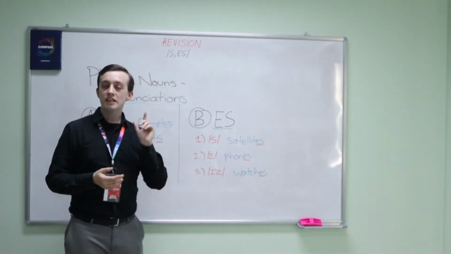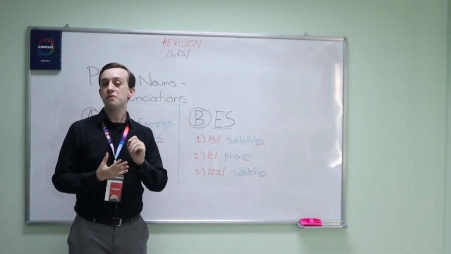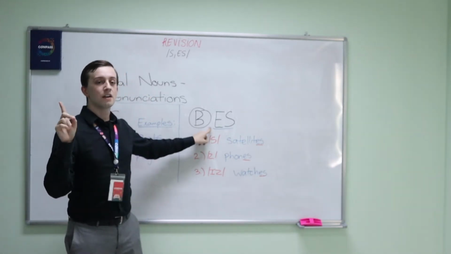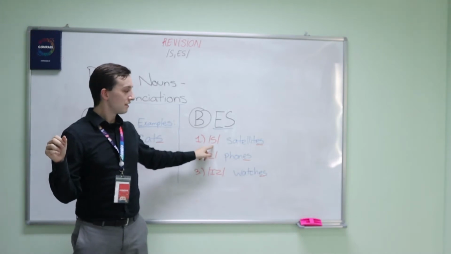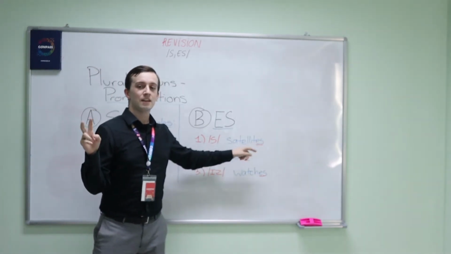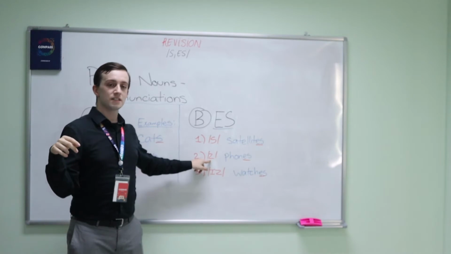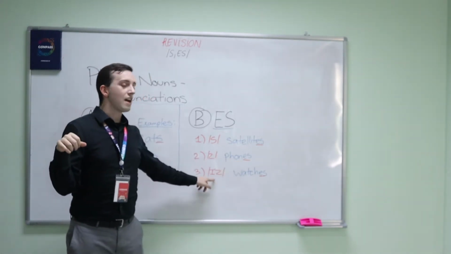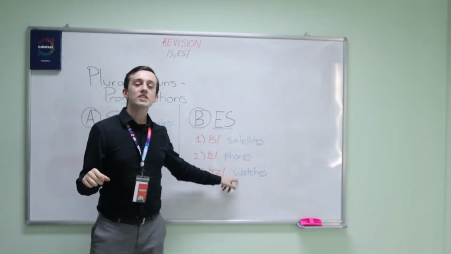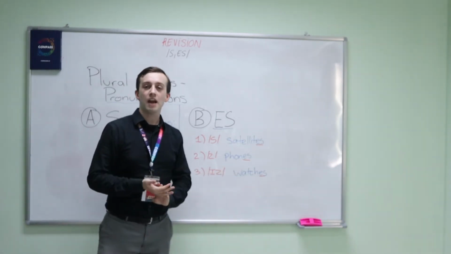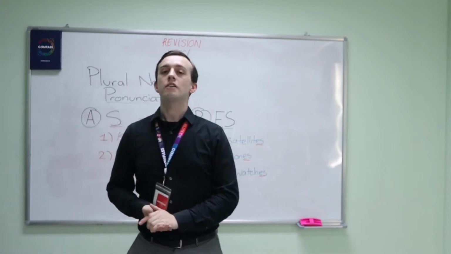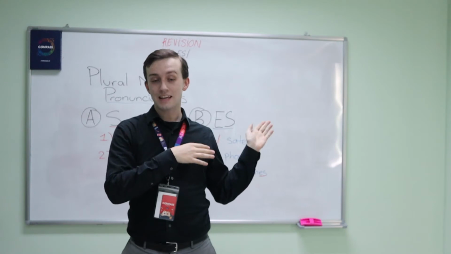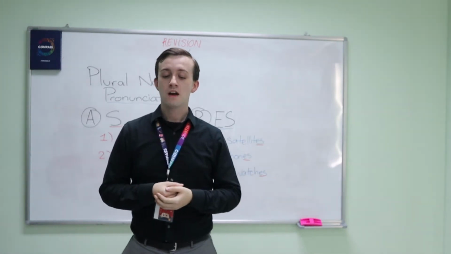So, listen again to the 3 pronunciations of ES. Number 1, S, satellites. Number 2, Z, phones. 3, is, watches. Okay, those are the ways of pronouncing S and ES in English.